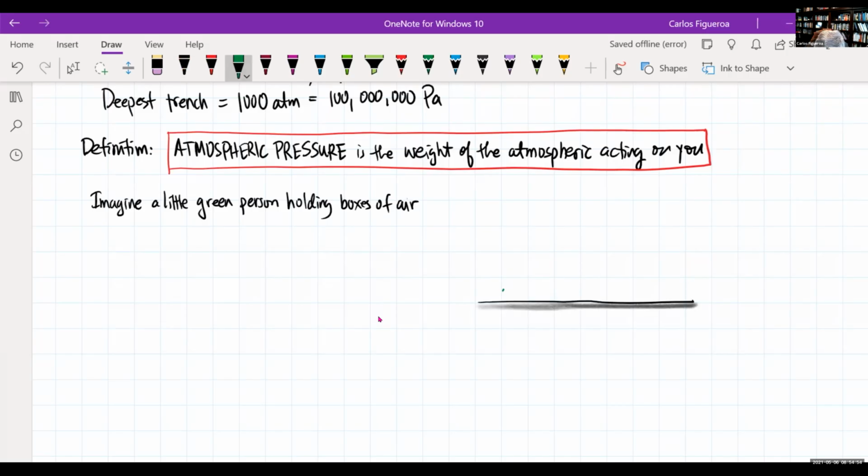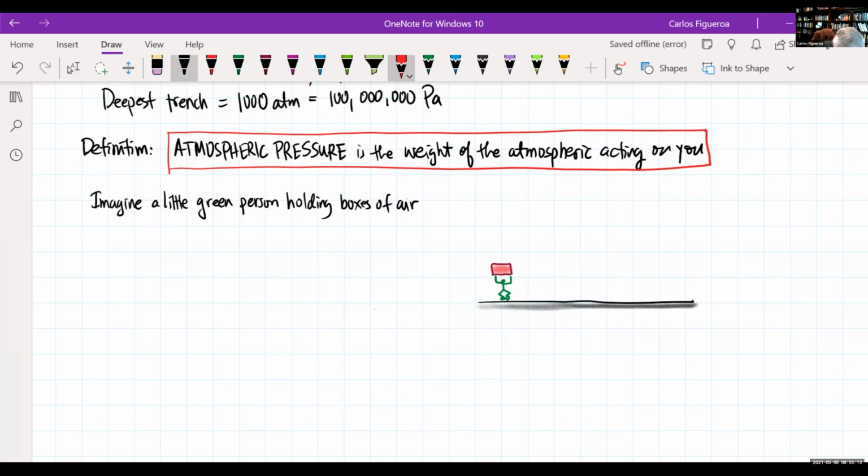So you could imagine that I have this little green person, and what they're going to do here is they're going to hold a box. So we're going to be holding a box like this. Right? Here's our box.